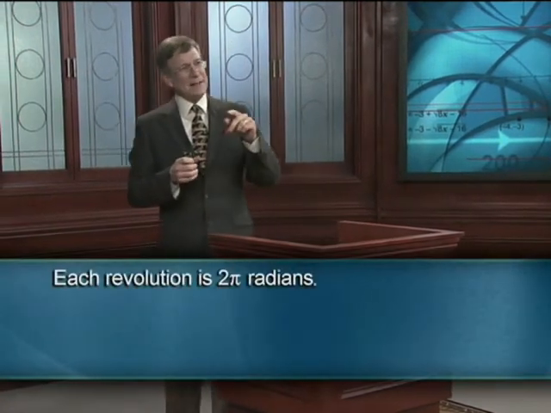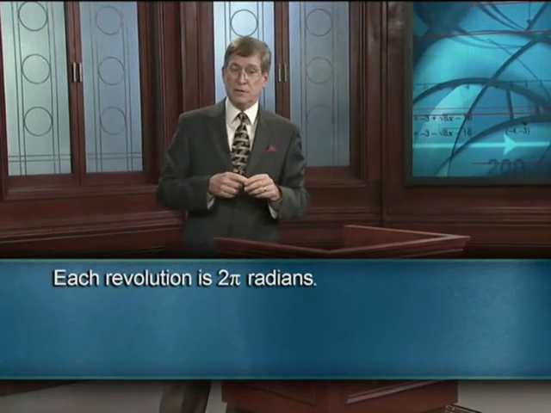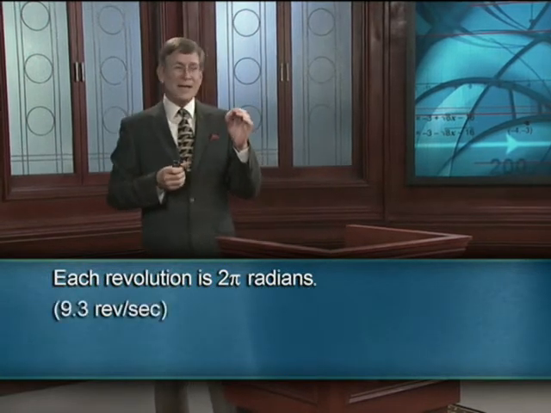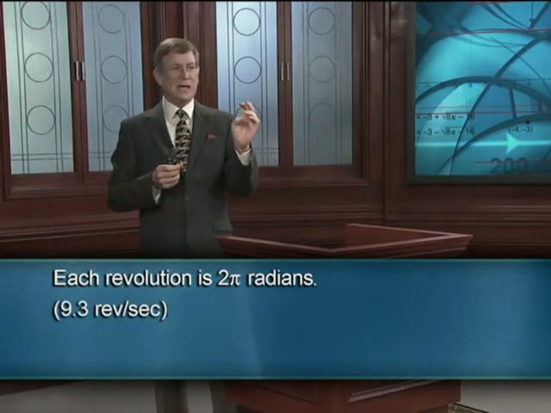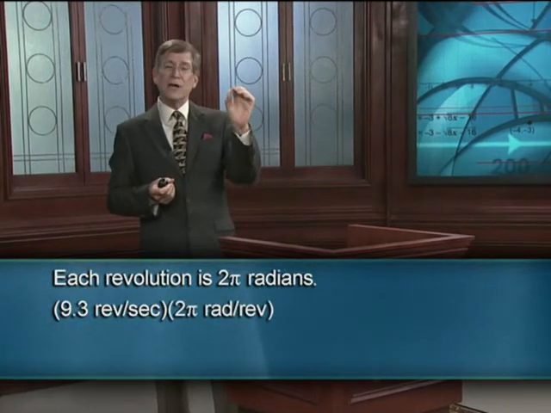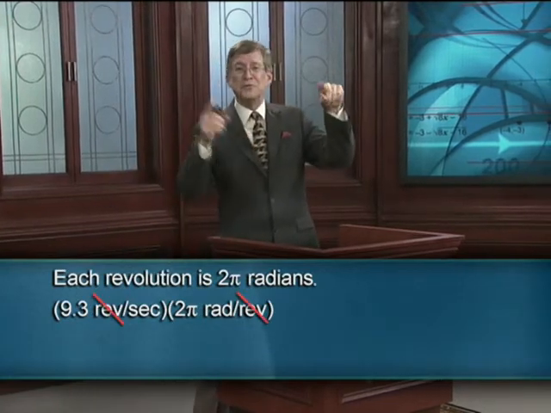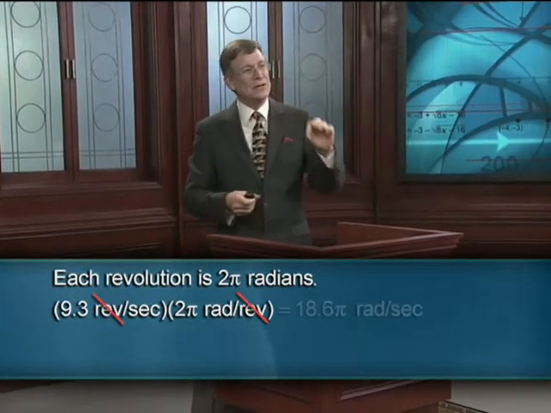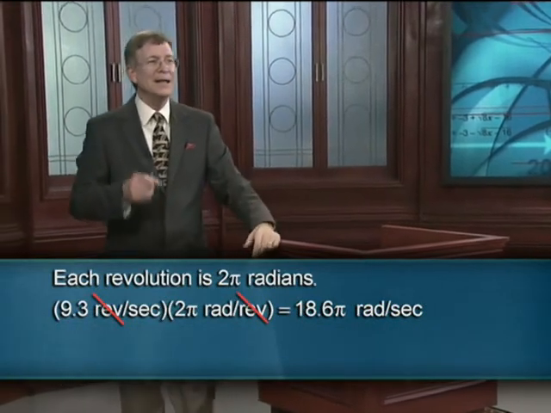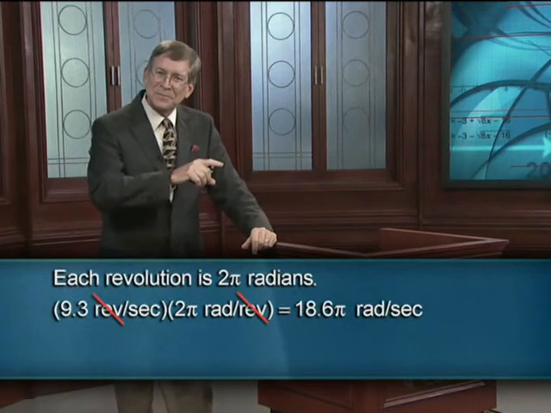So keep in mind that a full revolution is 2 pi radians. A full revolution is 2 pi radians. So if you go 9.3 revolutions per second, and there are 2 pi radians per revolution, notice how the word revolution cancels here, and you're left with 9.3 times 2 pi radians per second.